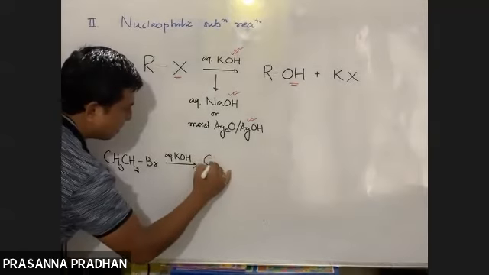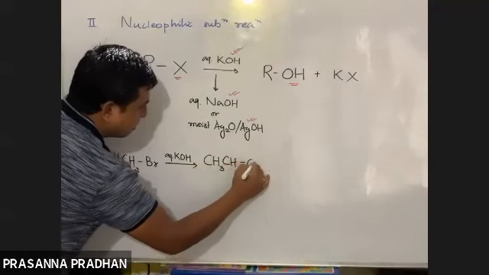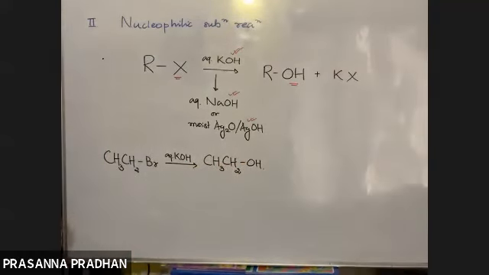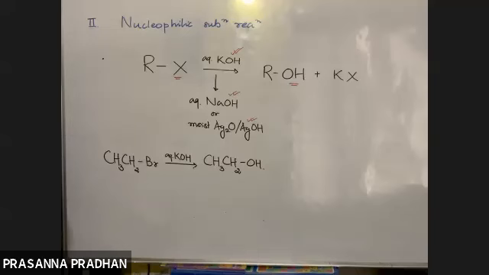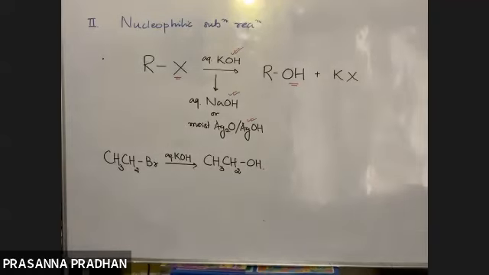So what do we get out here? We get CH3CH2OH. So this is a convenient method for the conversion of alkyl halides to alcohol. By using this reagent, aqueous KOH, we can easily substitute the halide by OH, right?